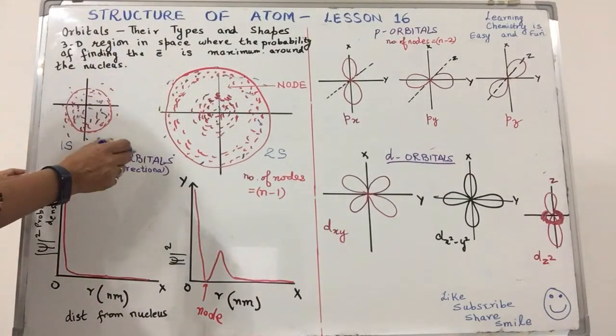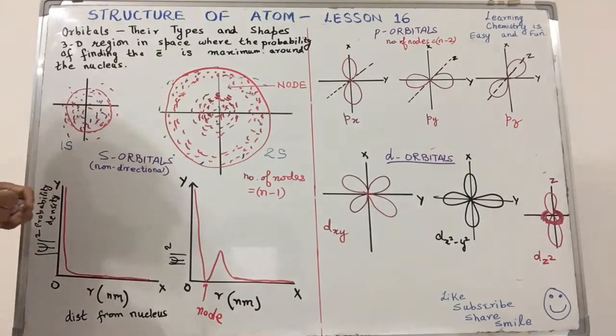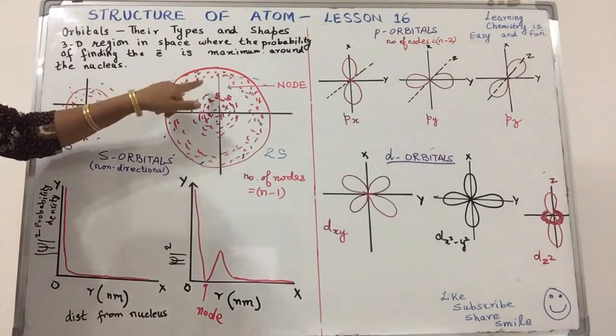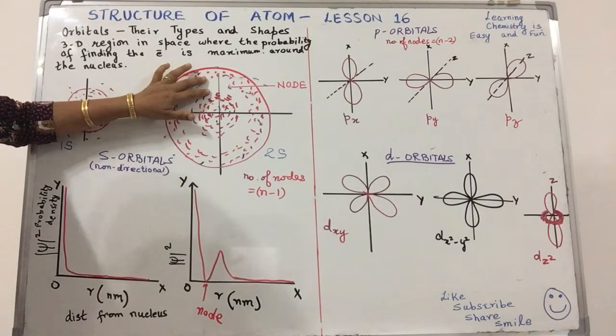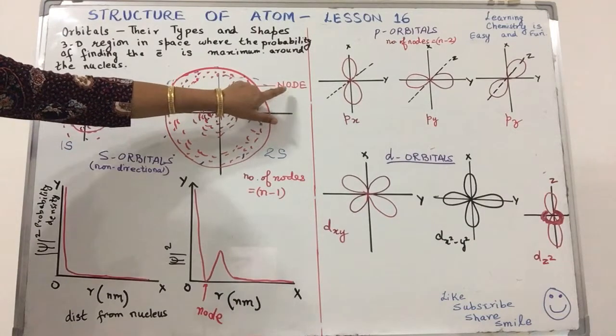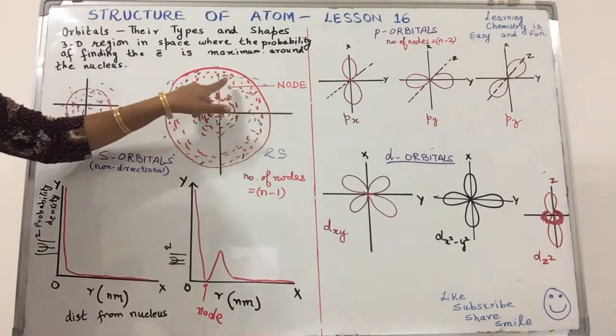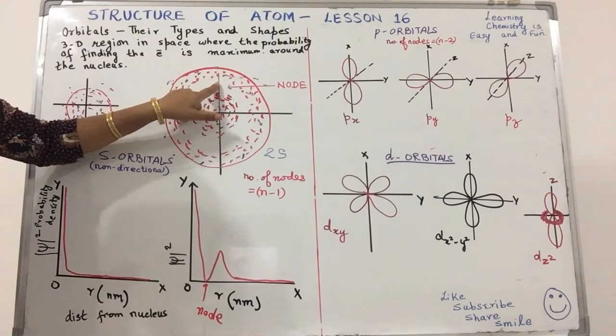Second we notice is that there is this region where the probability of finding the electron becomes least. See this gap that you notice? This is what we call as the node. What is node? The region in space around the nucleus where the probability of finding the electron is 0.